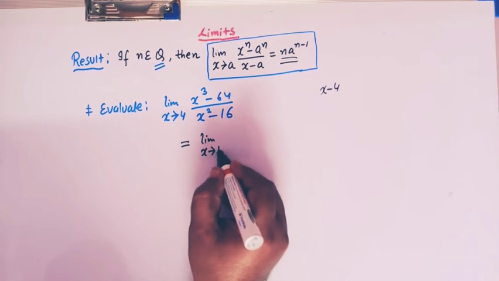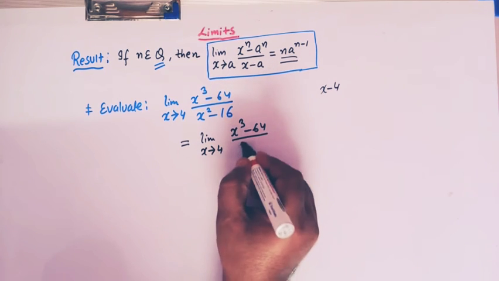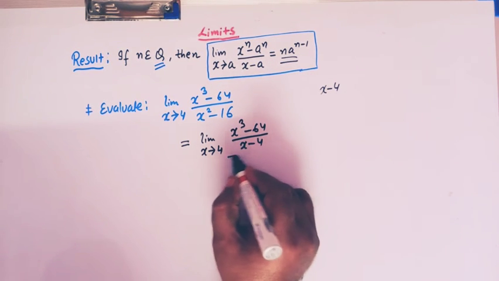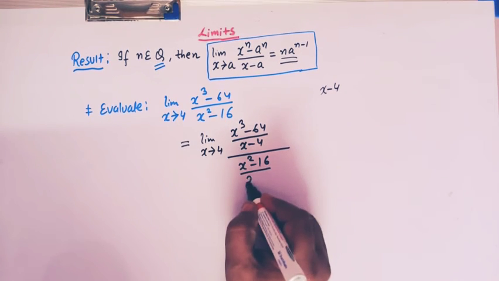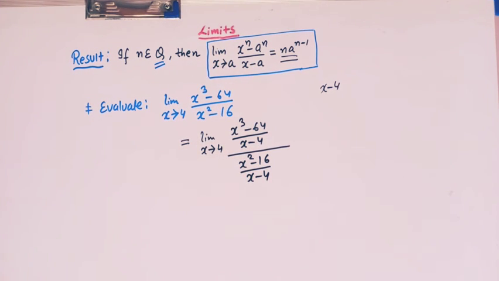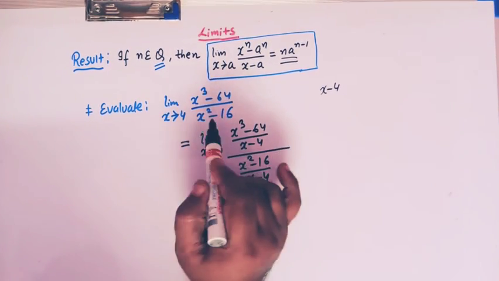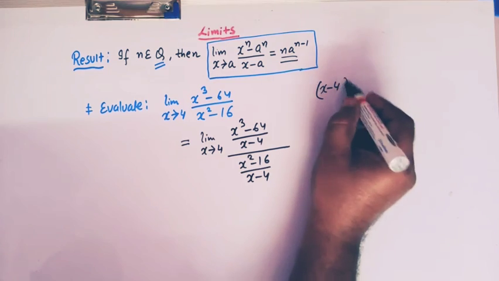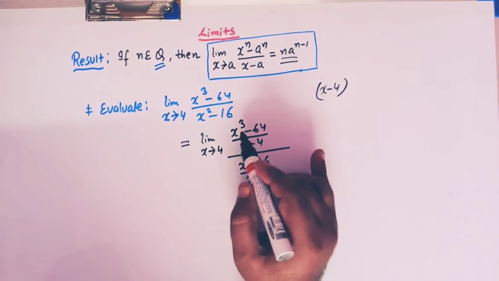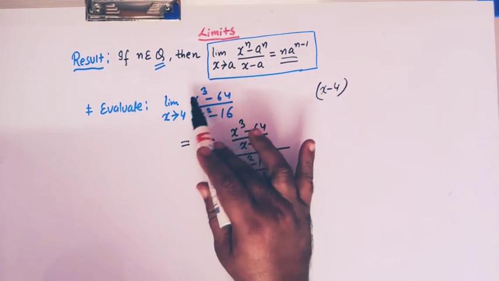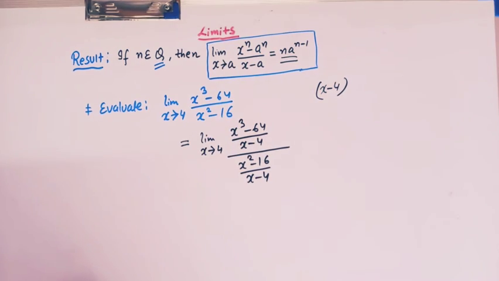because if we write it as x cube minus 64 divided by x minus 4 and divided by x square minus 16 divided by x minus 4, right? So here what we have done, we have divided the numerator and denominator by the factor x minus 4, because we want to split this limit into two limits of this form, right?